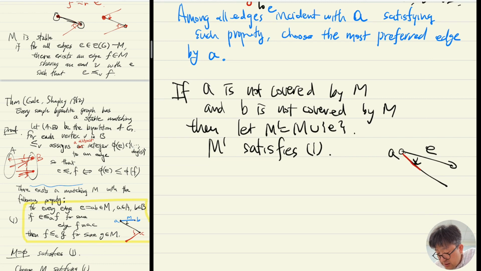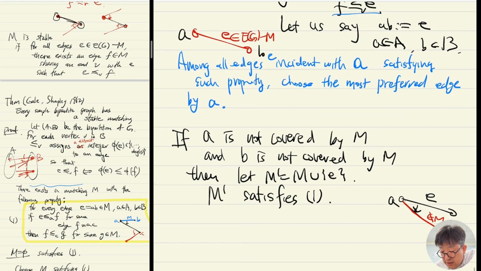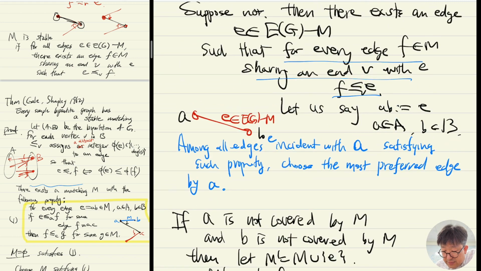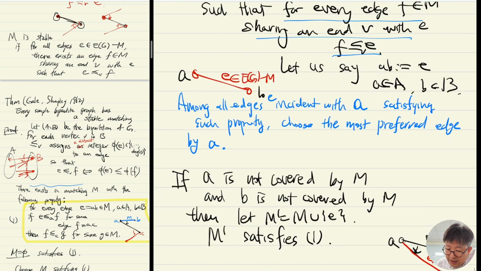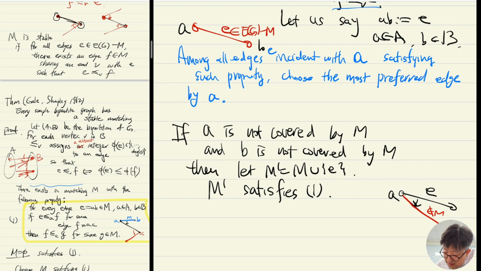So this is not in M, but because, so that case is just stable, right? So that means either this person, let's say B prime, likes the current partner better. Yeah, I mean that's the situation, right? That is the situation.